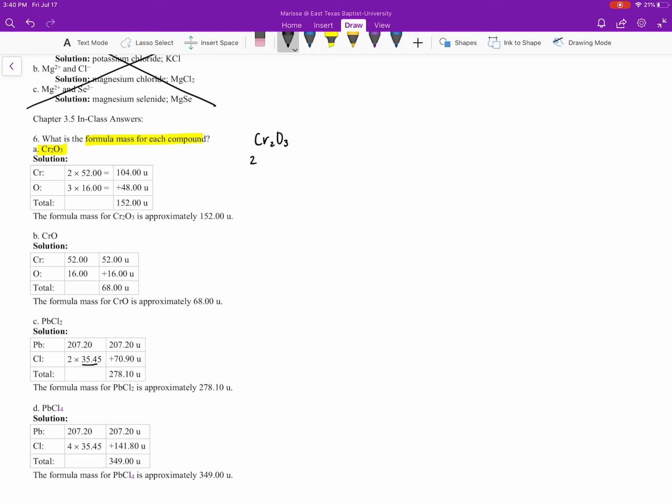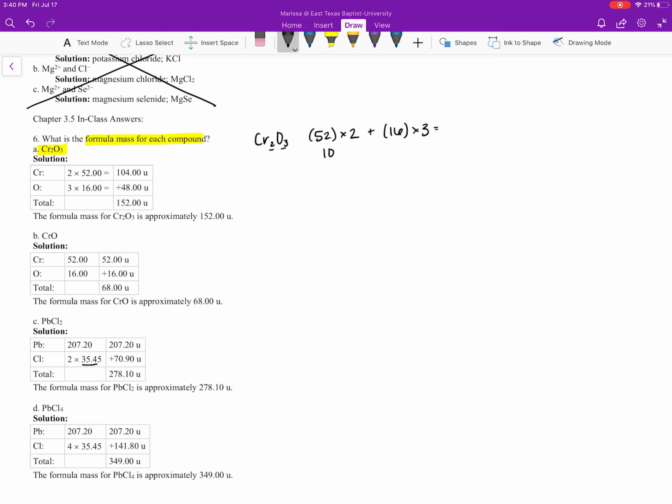So the weight for chromium is 52. I have 2 of them, so I'm going to multiply 52 times 2. And then to that, I'm going to add the 16 for the oxygen. It's technically 15.9994, but that's close enough to 16. And I have 3 of them, so I'm going to multiply that by 3.